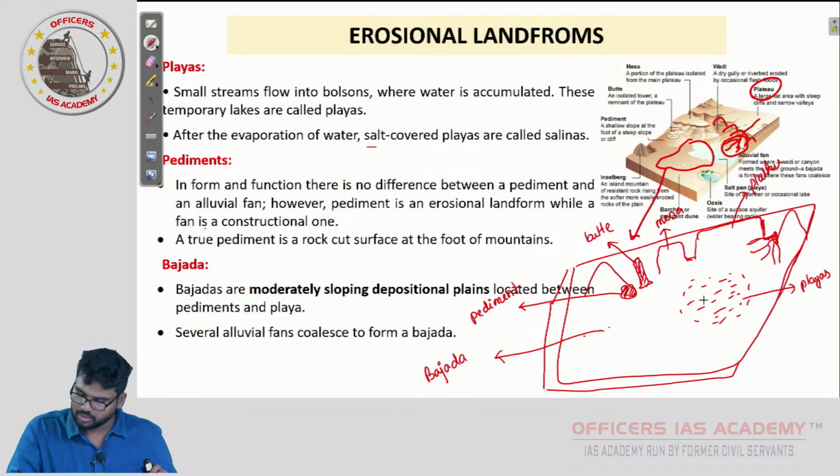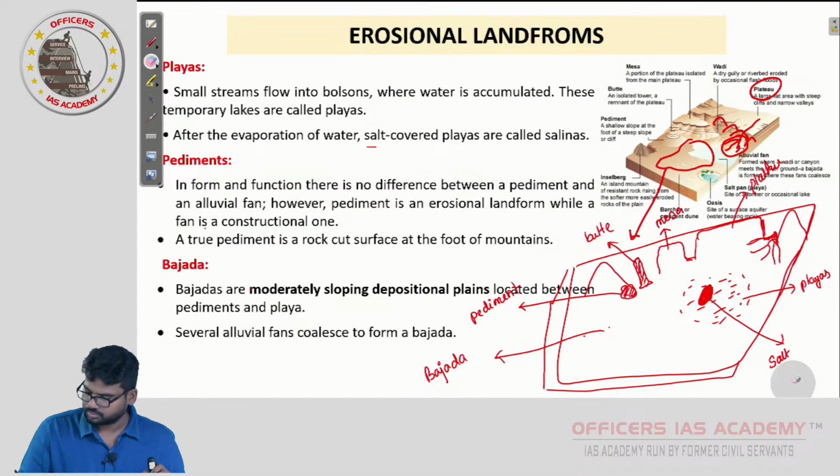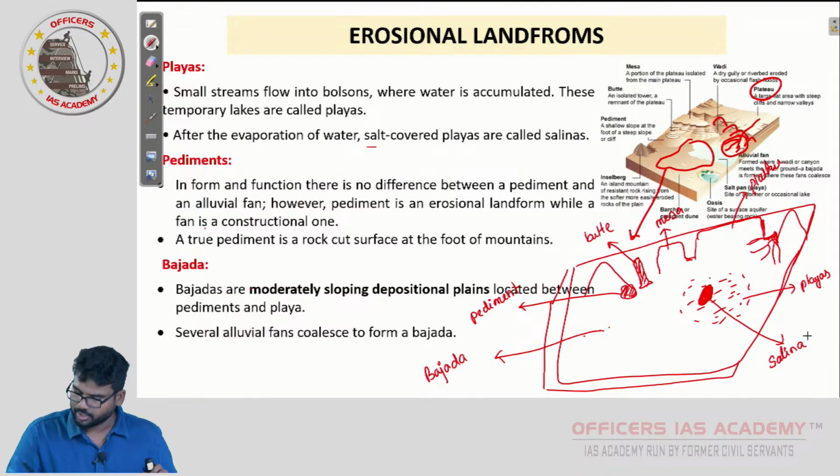So sometimes when it gets completely evaporated, let us say there is a deposition of the salt, such a thing I can call it as salt pan or salina. So for this to happen, first the water has to be evaporated, salina.